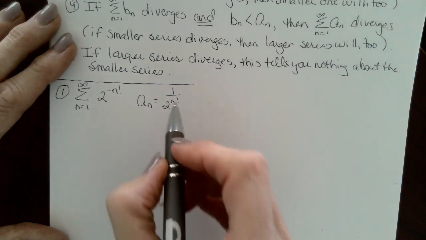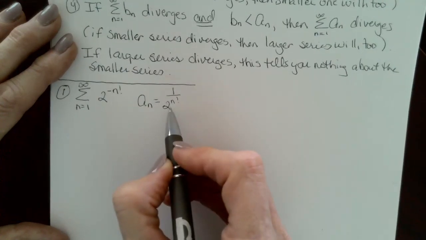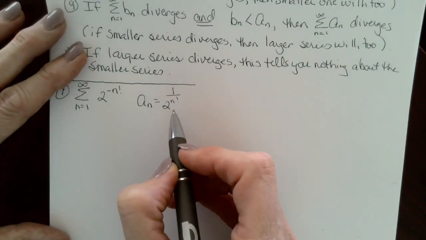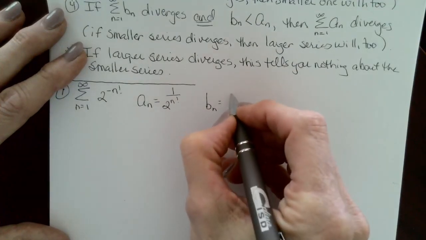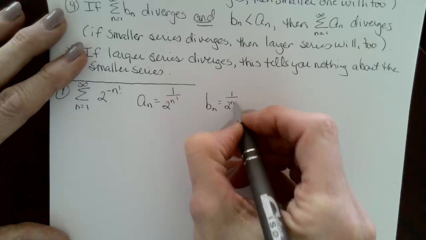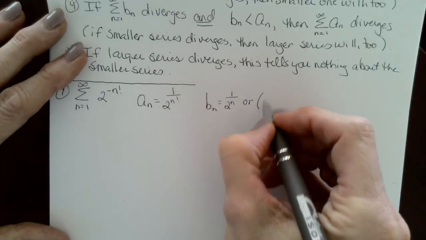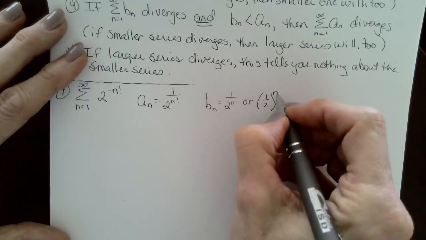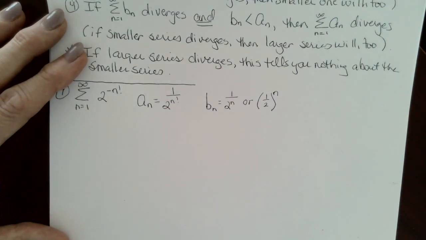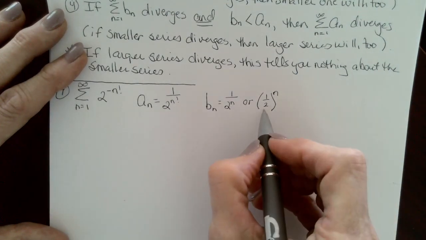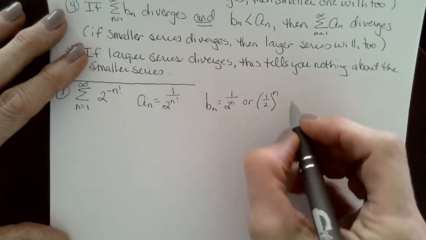But I know this is gonna grow a lot faster than 1 over 2 to the n, right? Okay, so I'm gonna make B sub n be 1 over 2 to the n, or I could rewrite that as 1/2 to the n power, right? So we've got a geometric series here, right?